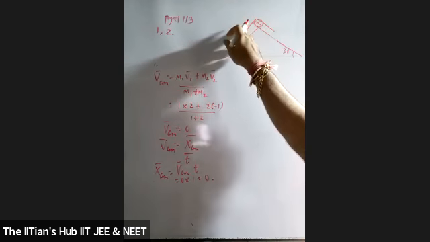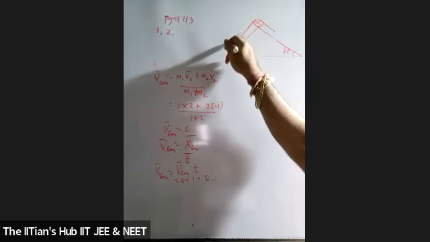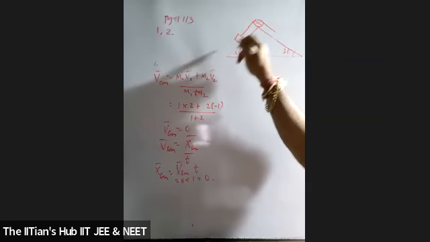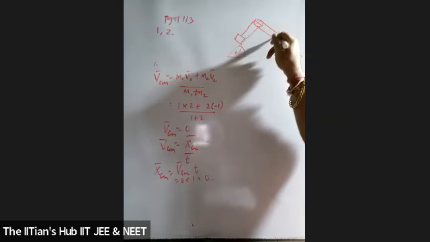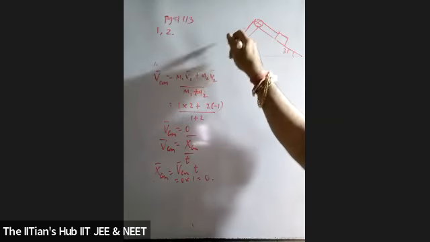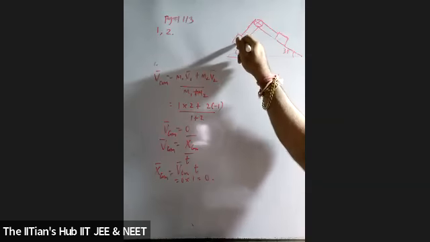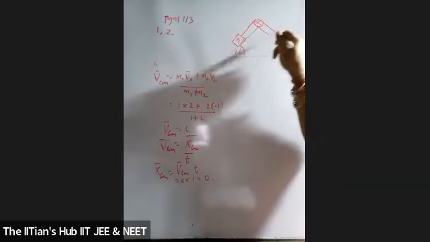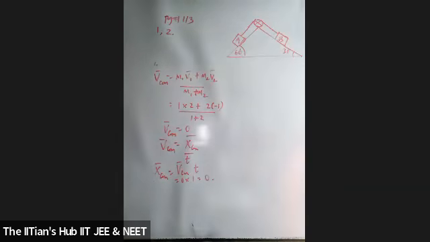Students, two blocks of equal masses are shown over here. So this is one block A. And there's another block B. Since both these are of same masses, they are placed on the inclined plane.